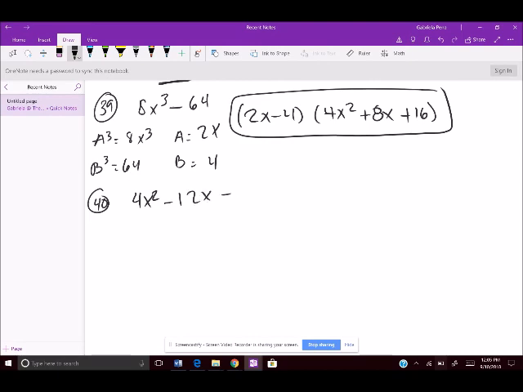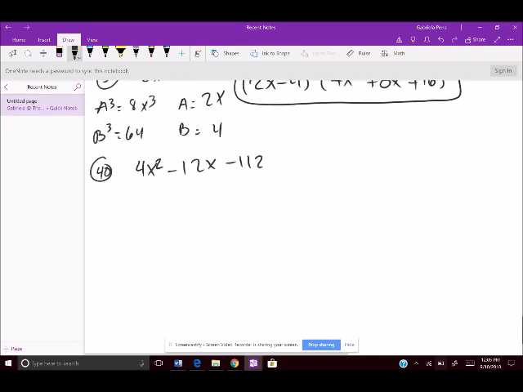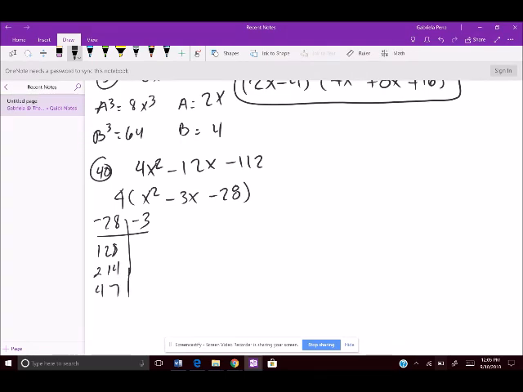And the last problem. So for number 40, can we find a GCF? Yes. They're all divisible by 4. So this becomes x squared minus 3x minus 28. So it's a trinomial. I need numbers that multiply to a negative 28 that add up to a negative 3. 1 times 28, 2 times 14, and 4 times 7.